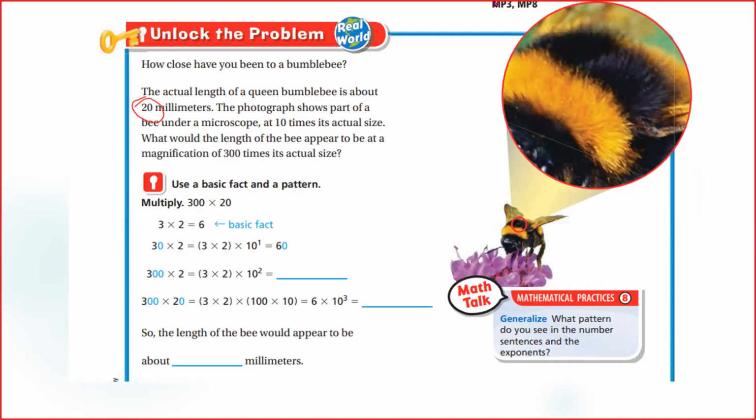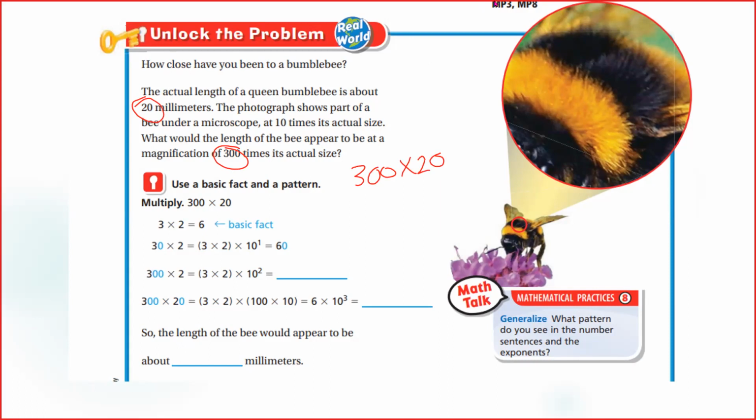It will be 20 times 300. Its actual size is 20, and the microscope can help me find 300 times its actual size. So you have to multiply 300 times 20.